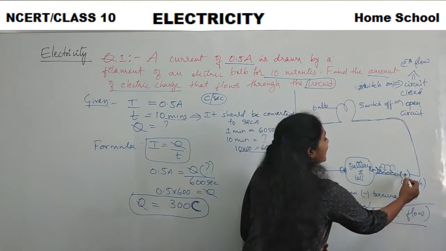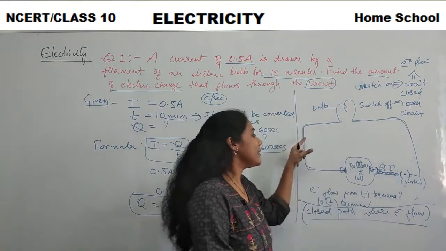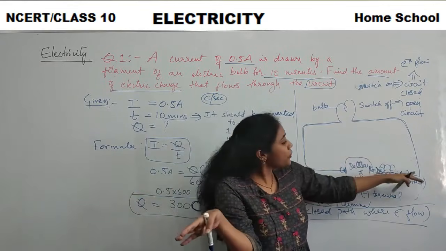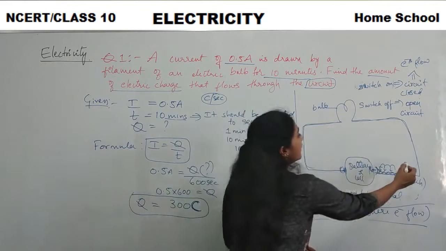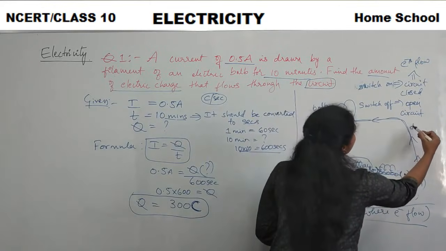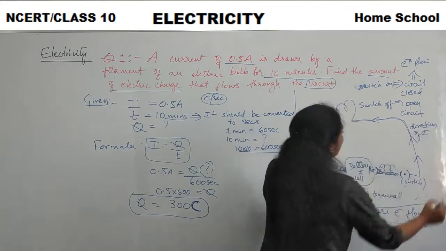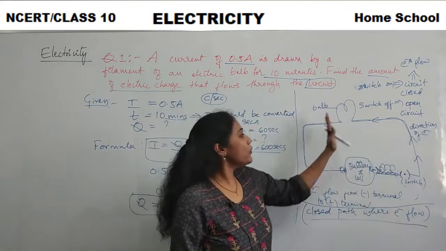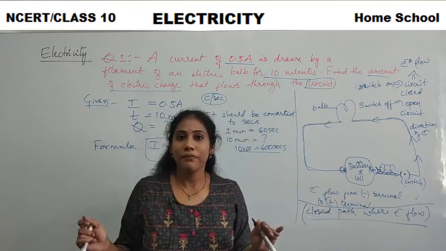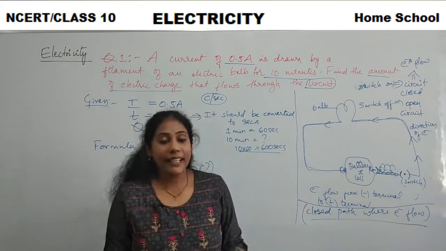So the circuit is compulsory to observe the flow of electrons, that continuous path, and all the electrons should go in one direction. This is the direction of electrons. Only then you observe the current and the bulb glows. Clear? So this is about the electric circuit.